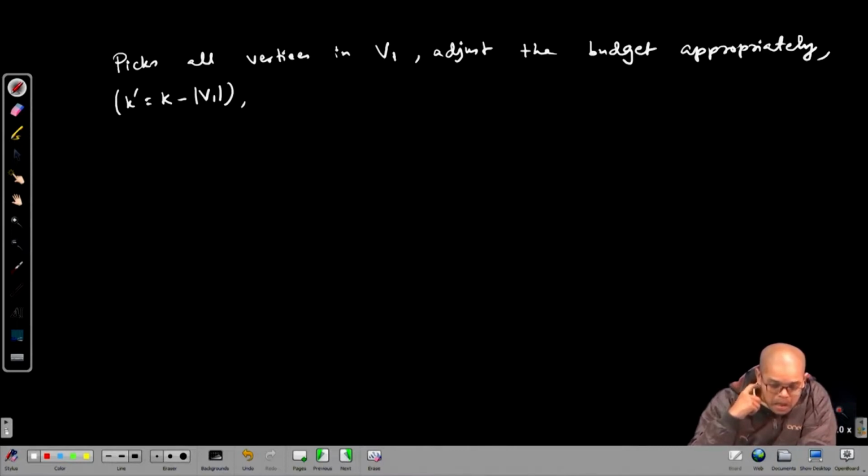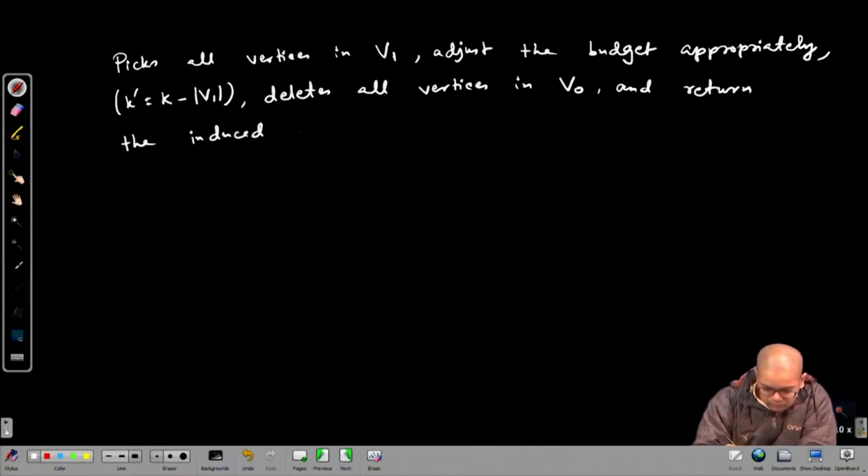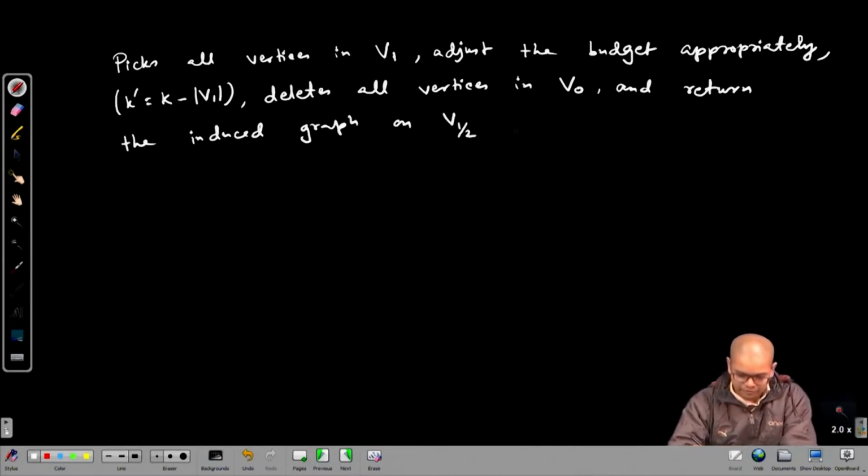Then it deletes all vertices in V0 and returns the induced graph on V half.